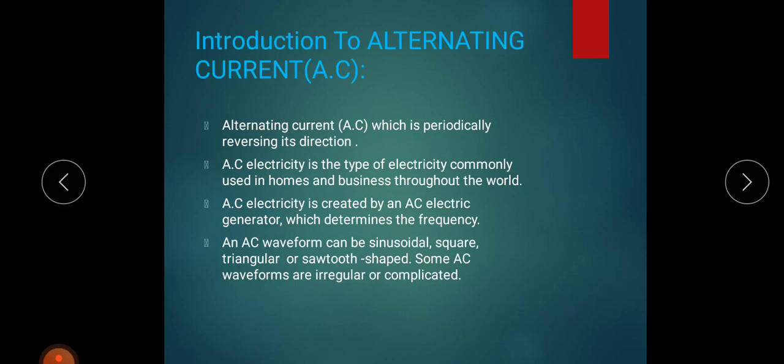Also, alternating current electricity is created by an AC electric generator which determines the frequency. The next, alternating current waveforms can be sinusoidal, square wave, triangular wave or sawtooth shaped, or some of the waveforms are in irregular or complicated shapes.